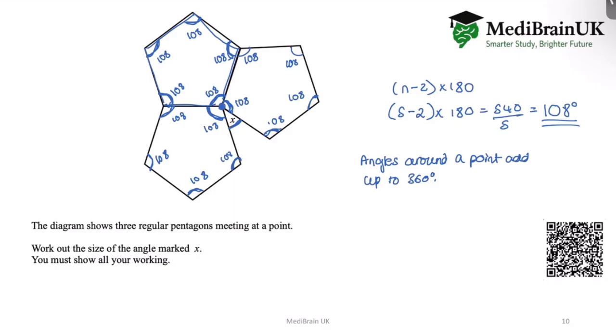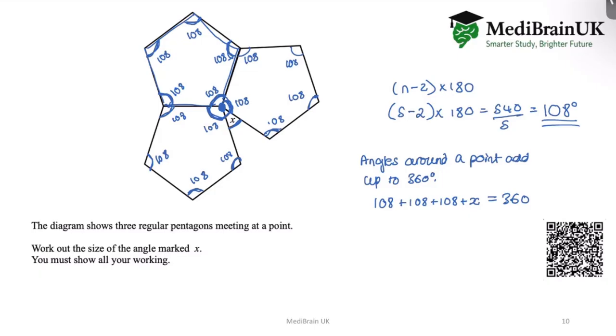So around this point that we have in the center, all these angles must add up to 360 degrees. So we have 108 add 108 add 108 add X. All of those must add up to 360 degrees.